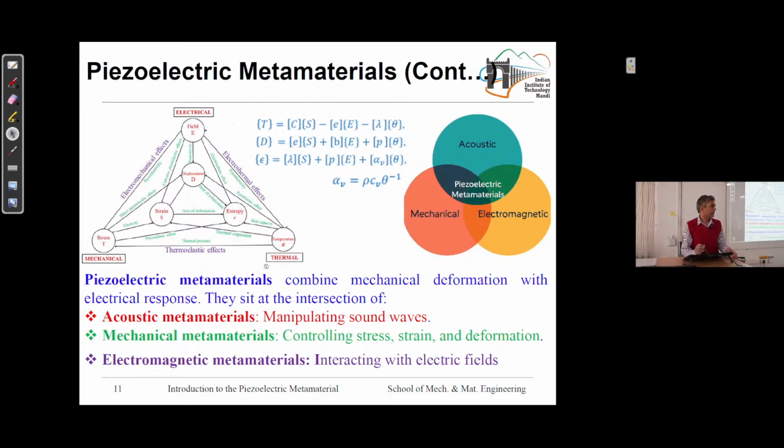I think this was already discussed, so I will not go into so much detail. Generally, the thermal coupling can be ignored because it gives the pyroelectric effect, which is not so much in comparison to the direct piezoelectric effect, so sometimes we can ignore this.